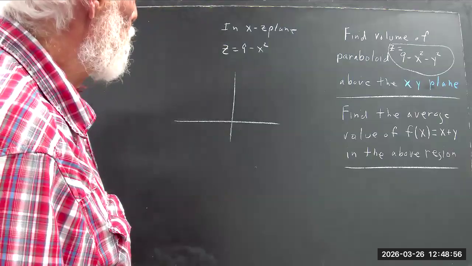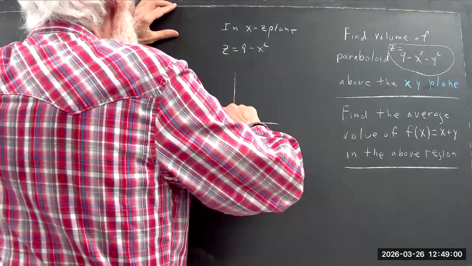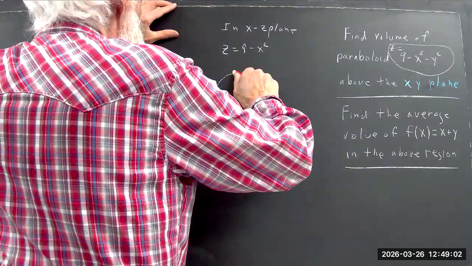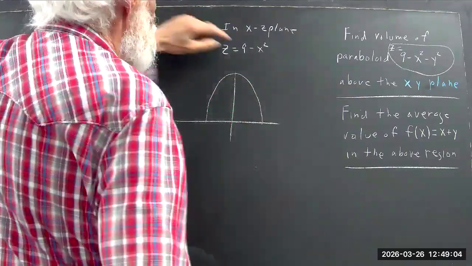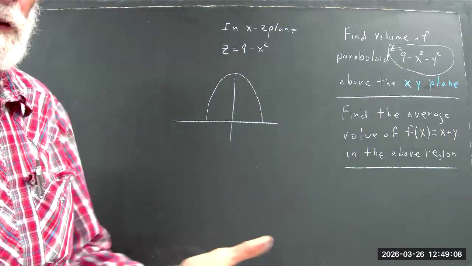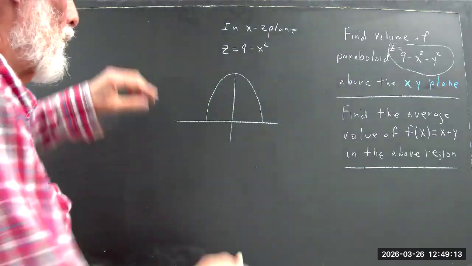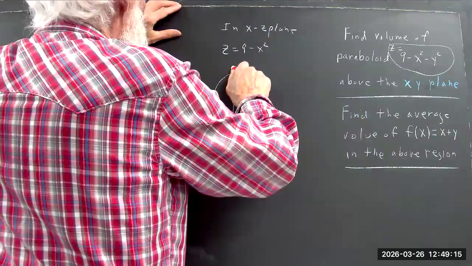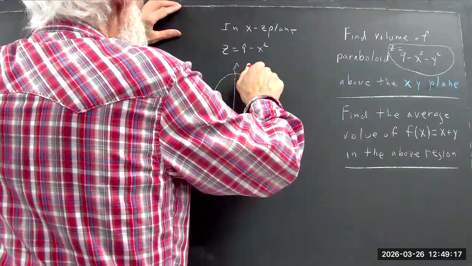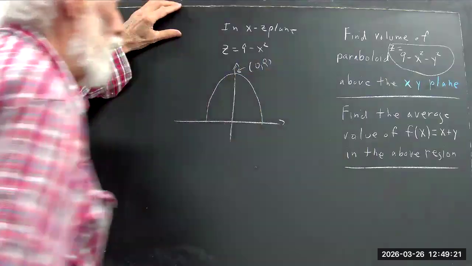Okay, so in the xz plane, z equals 9 minus x squared is an inverted parabola congruent to just the y equals x squared parabola. It goes through the point 0, 9.